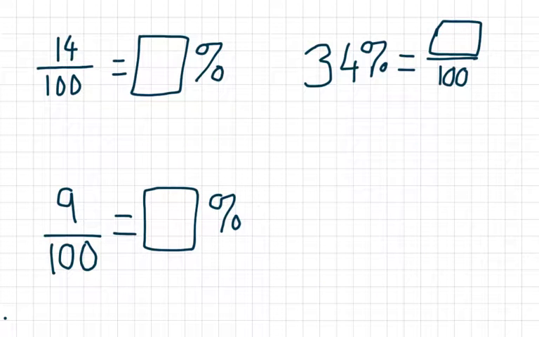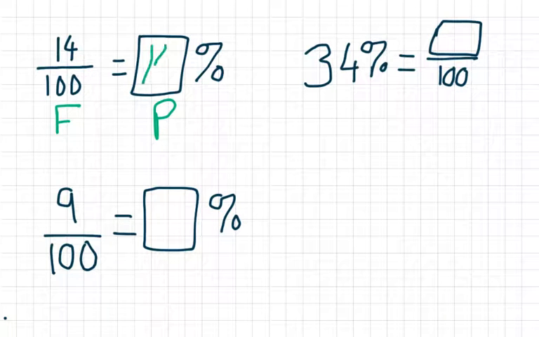Okay, so let's have a look at some questions here that you might get. This first one, 14 over 100. That's our fraction. I want the percentage. If it's 14 out of 100, if you imagine that on a 100 square, I've coloured in 14 of them, which means, because our 100 is whole, I've got 14% coloured in.